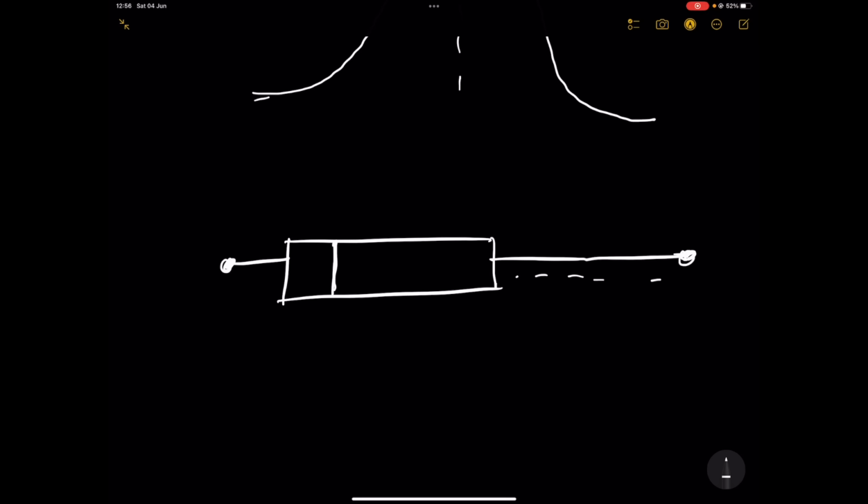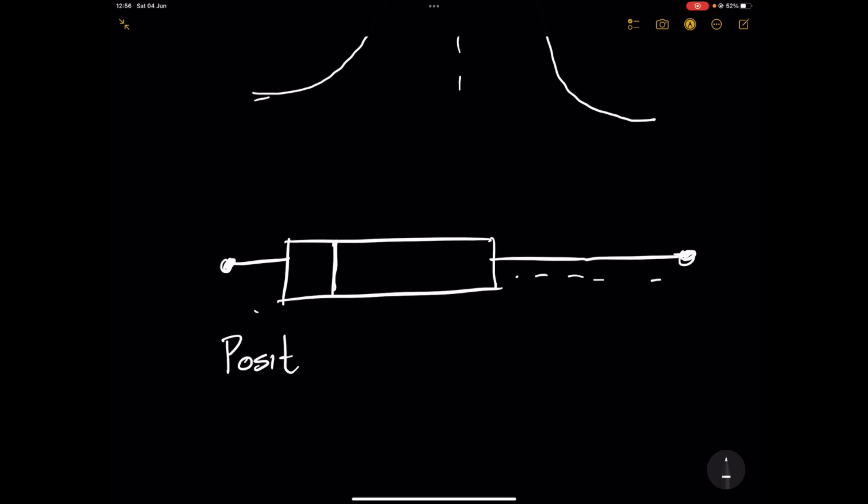Can you see that you've got a longer whisker towards the right hand side? So your data is more spread to the right than it is to the left hand side. In this particular case, we say this data set is positively skewed.